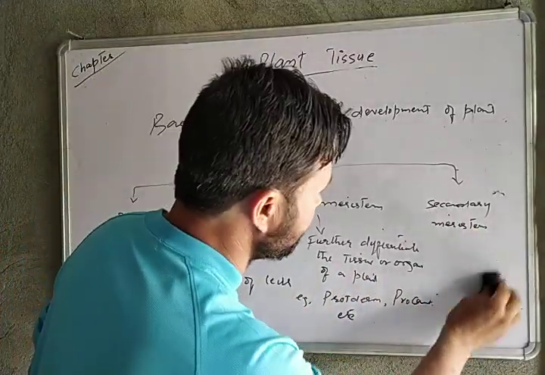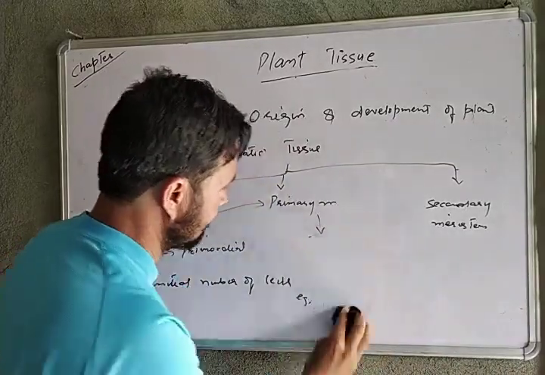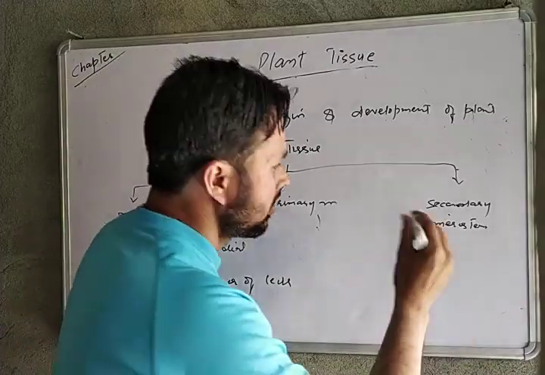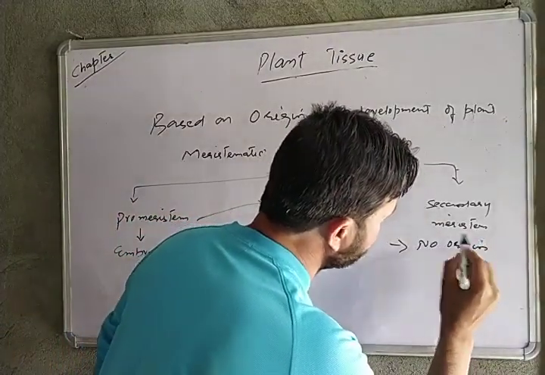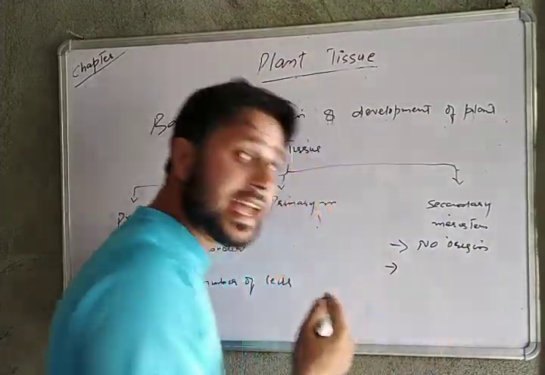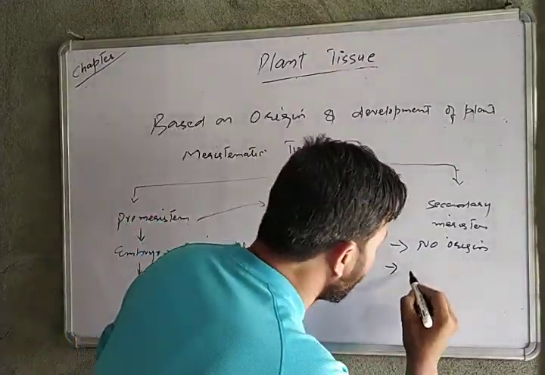Now secondary meristem. See, this secondary meristem has no origin. It arises as per need, whatever and wherever.